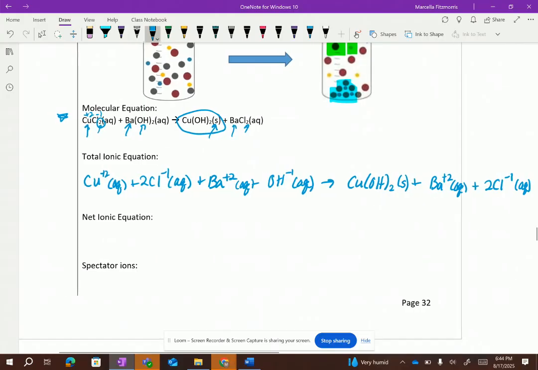Okay. This is called the total ionic equation because it shows the ions separately, and it shows every single thing, spectators and what really participates in the reaction. Now, what I want to do is remove the spectators. So Ba +2 aqueous, Ba +2 aqueous, that is a spectator because it's the same on both sides.